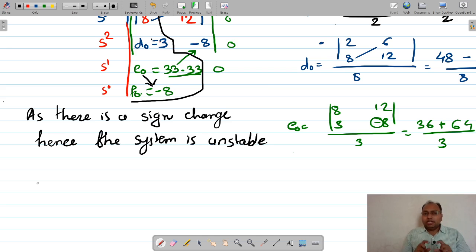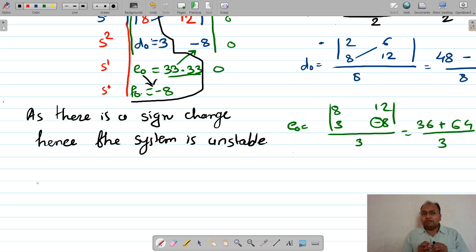Third case is what? If the entire elements of a particular row are 0, then you have to consider the previous row and create a polynomial equation, that is a subpolynomial equation, called an auxiliary equation. Okay, so you are going to create the auxiliary equation, and to that auxiliary equation you are going to apply the derivative with respect to s.